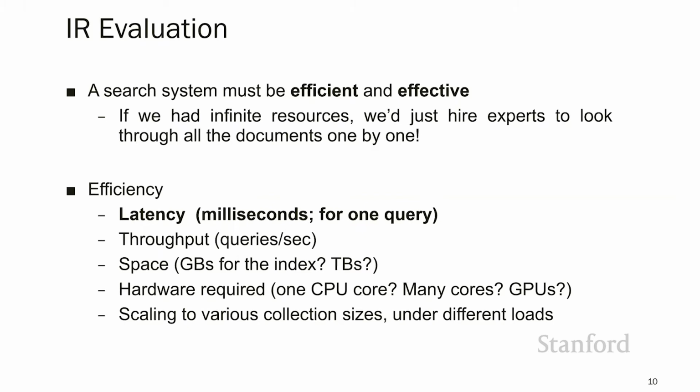How well do you scale to different collection sizes, in terms of the number of documents or the size of the documents? And how do you perform under different query loads? Many queries, few queries, short queries, long queries. And lastly, of course, what sort of hardware do you require? Is it just one CPU core, many cores, a bunch of GPUs? But latency tends to be, once you've determined the other ones, the go-to metric in most cases.